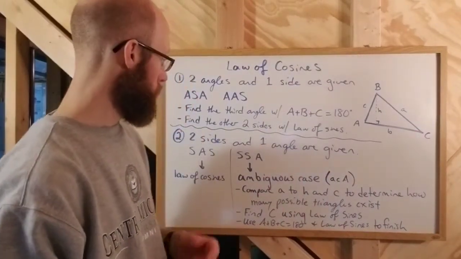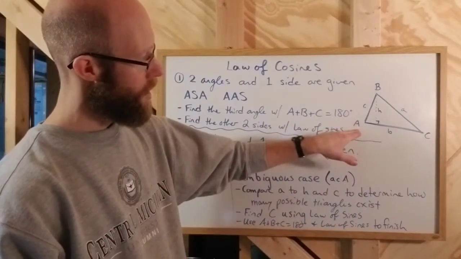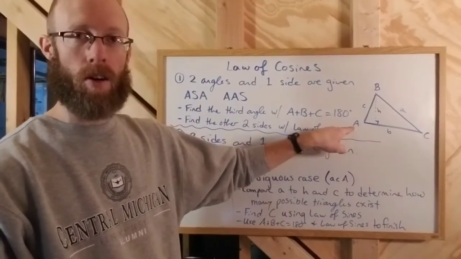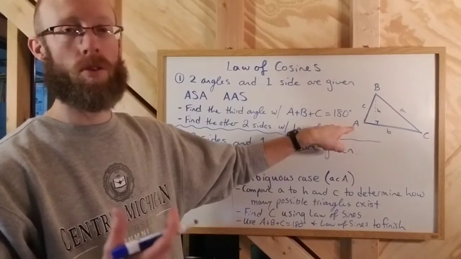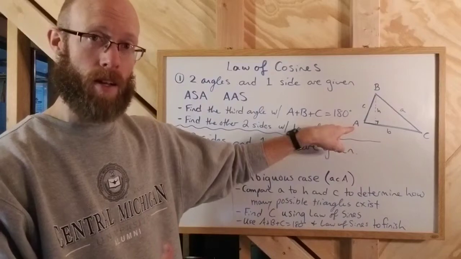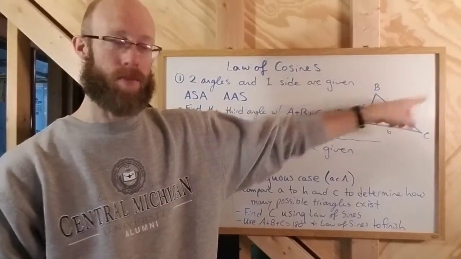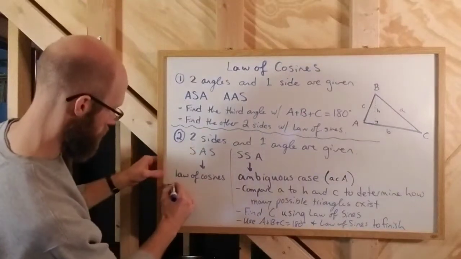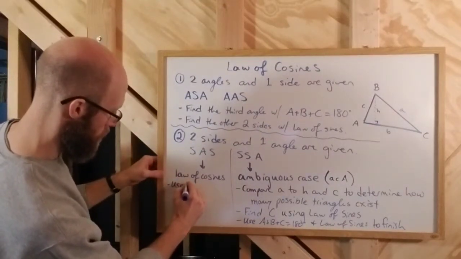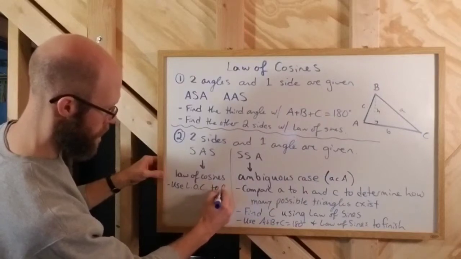So what we tend to do, if you have the side-angle-side, is you use the version of the law of cosines that corresponds to the angle given, and you use that to find the opposite side.